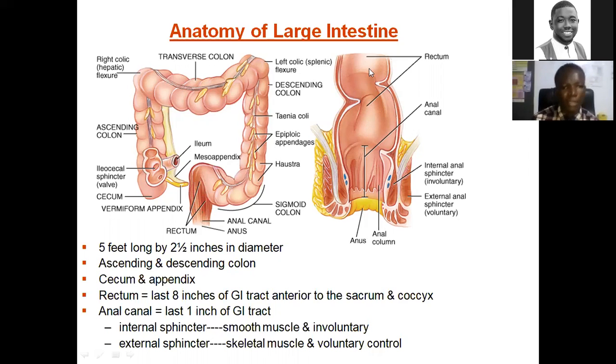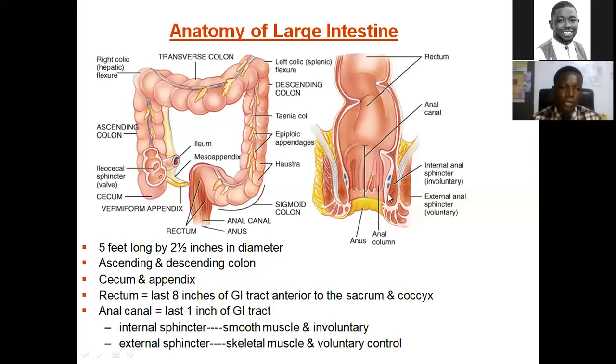If you look at this diagram, the top part is what we call the rectum. This area is the rectum, which serves as a storage area for feces. And then from there, we have what we call the anal canal. Canal means just a channel where the content will pass through to the exterior, or to the outside.